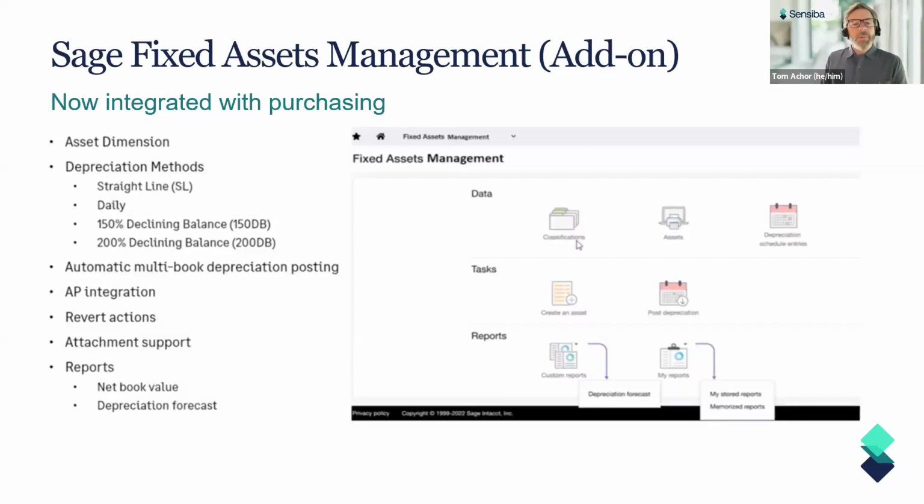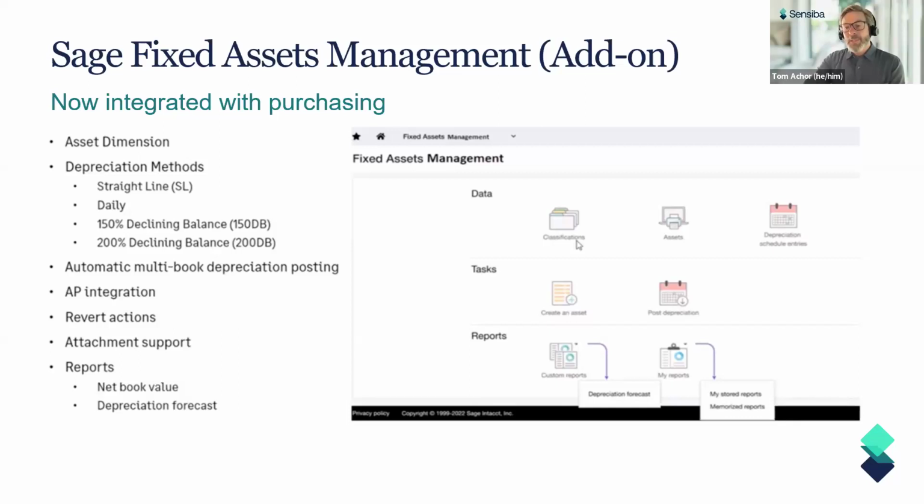We included, usually in this webinar when we do these quarterly releases, we focus on new functionality that is within the core applications. But I wanted to talk about the Sage Fixed Assets Management because customers ask about it. There has been a fixed assets package from the systems integration group, so it's called SIG fixed assets.